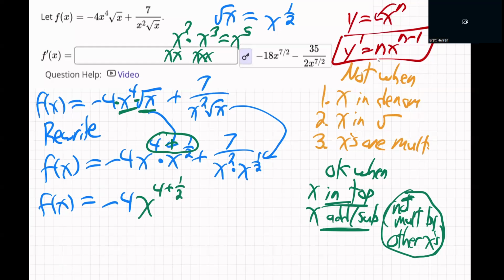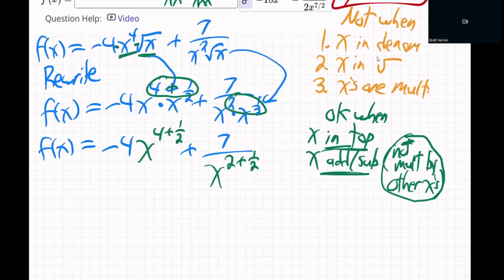Here, let me take it slowly. Plus 7 over, same thing here, x to the 2 plus a half, right? Because these powers are going to add. Okay, so now how do you add those?